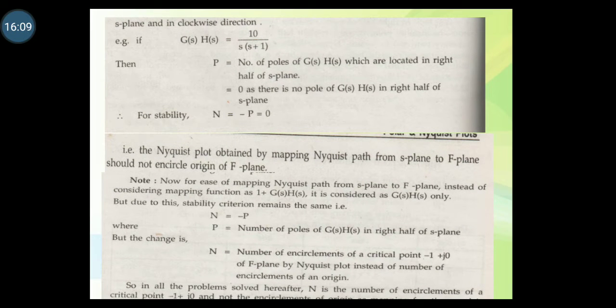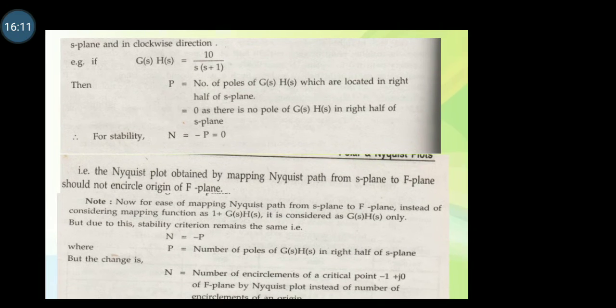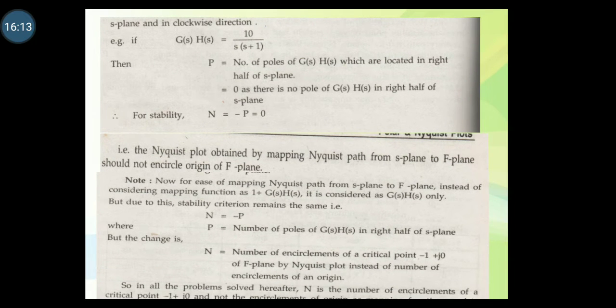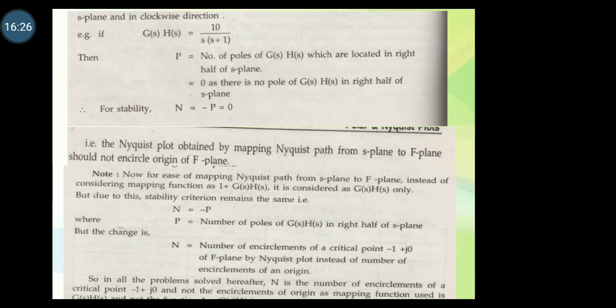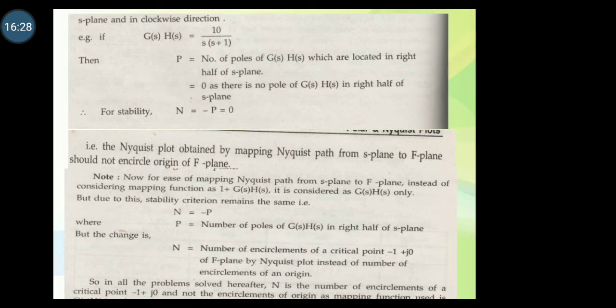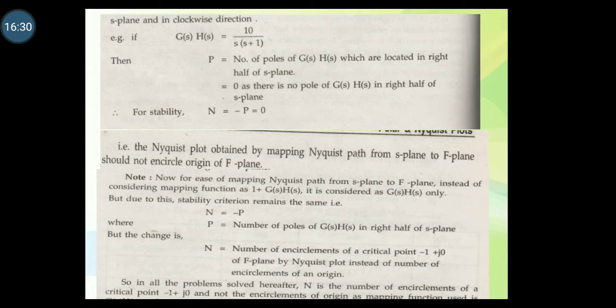For example, if G(s)H(s) is equal to 10 divided by s times (s plus 1), P is the number of poles of G(s)H(s) which are located in the right half of the s plane, that is equal to 0 as there is no pole of G(s)H(s) in the right half of the s plane.